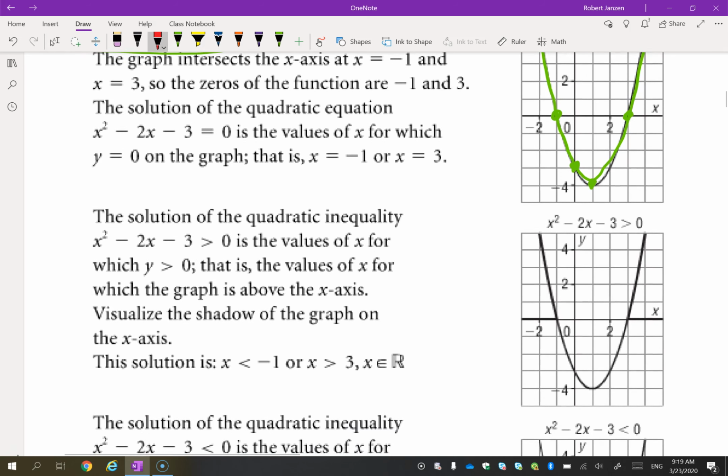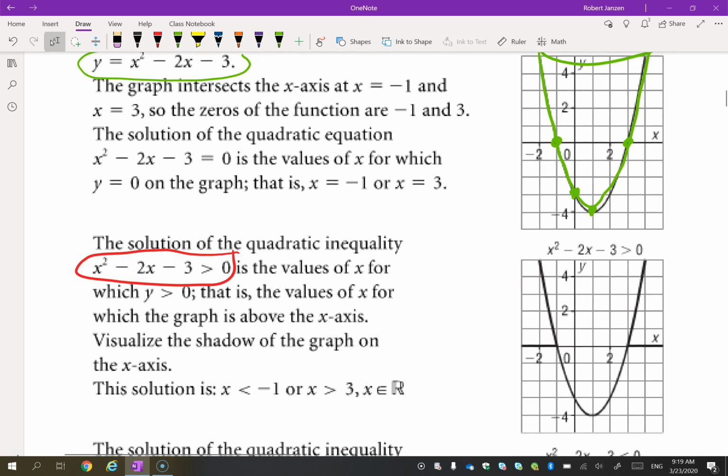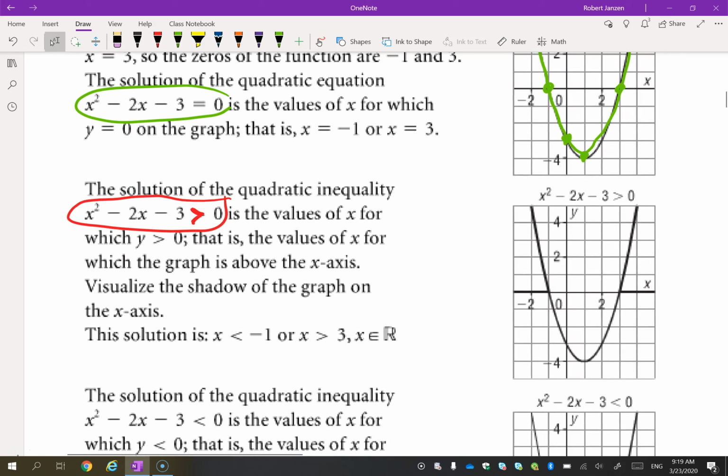So now let's take a look at this. This is an inequality. It's not an equality. We're not solving where does it equal 0. We're saying where is it greater than 0. Looking at our same parabola, because it is the same equation, where does it equal 0? Well, here are the two places where it equaled 0. But we want to know where the parabola is greater than 0, and what that means is where is y greater than 0. So that would be here and here.